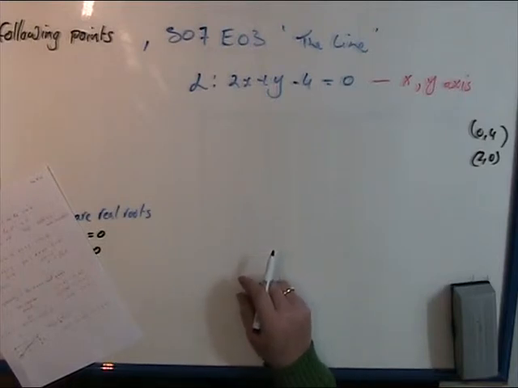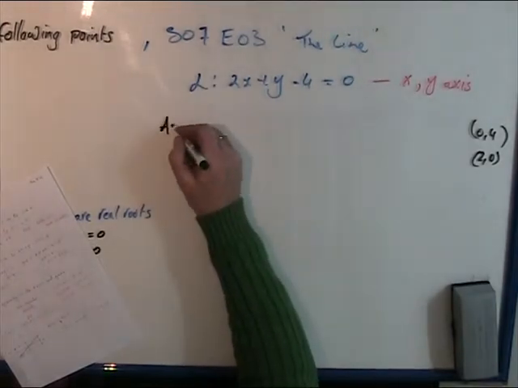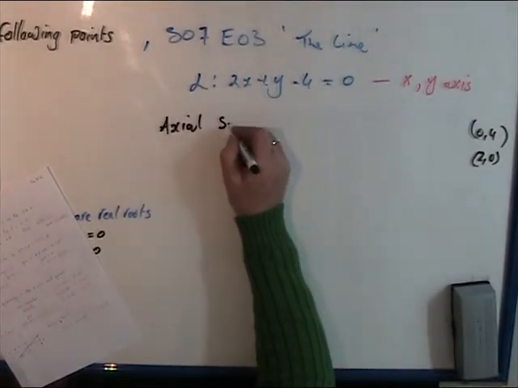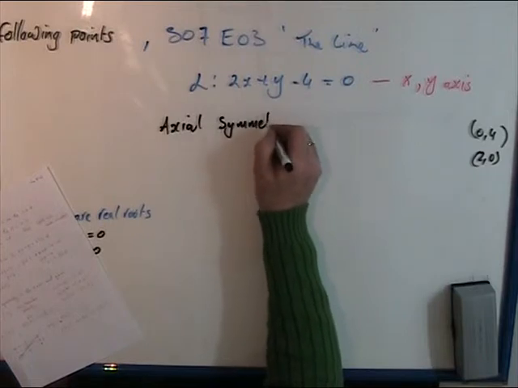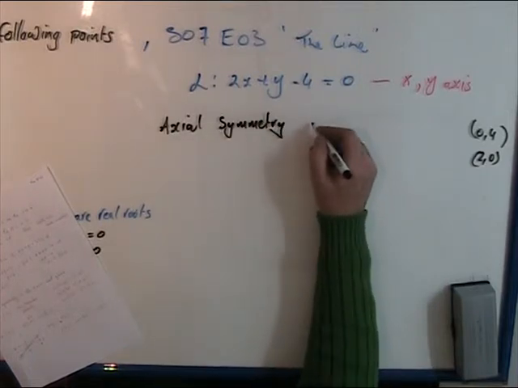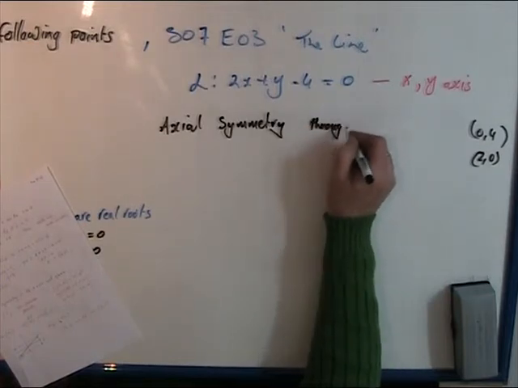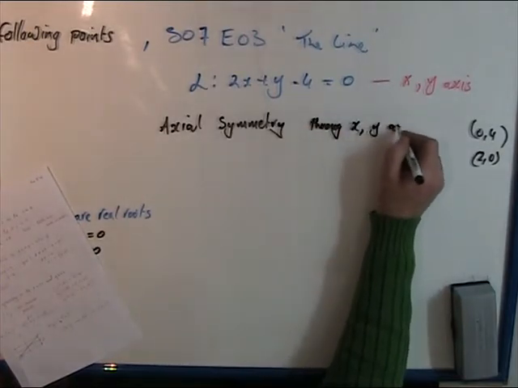find the axial symmetry of points in the x and y axis. What's axial symmetry? It says through the x-axis or y-axis.